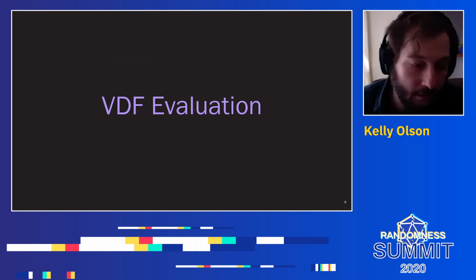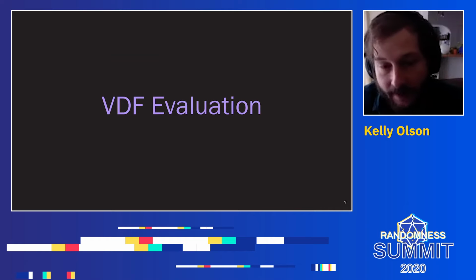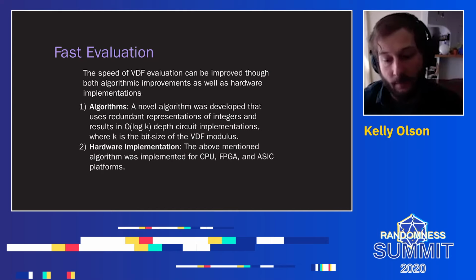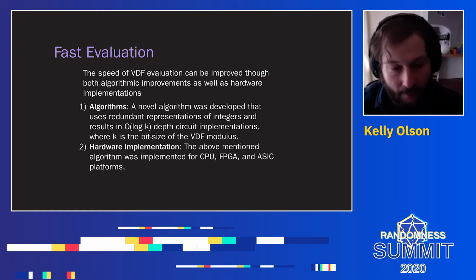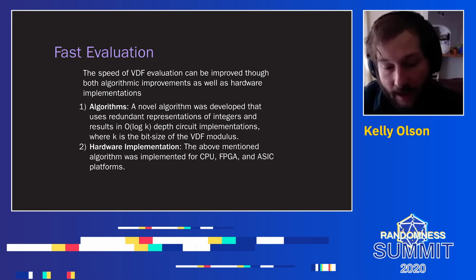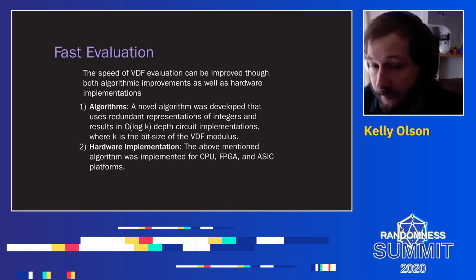So the first thing I'll talk about is the VDF evaluation. As Joe mentioned, we know from a theoretical standpoint that this modular squaring operation can't be sped up any more than just doing the iterated operation itself. But as you mentioned, there are actually ways to speed up a single iteration. The two things that we look at here: the first one is algorithms.